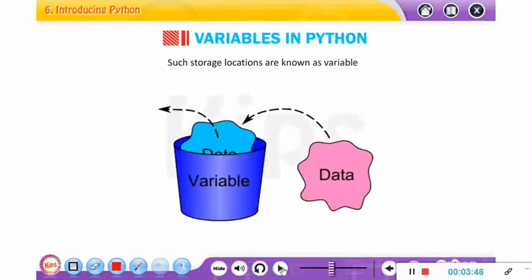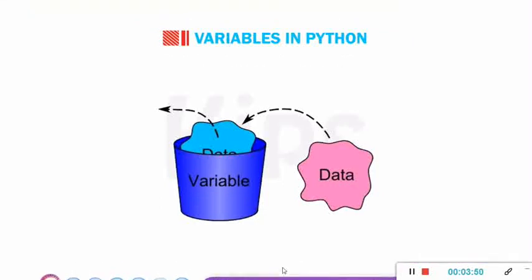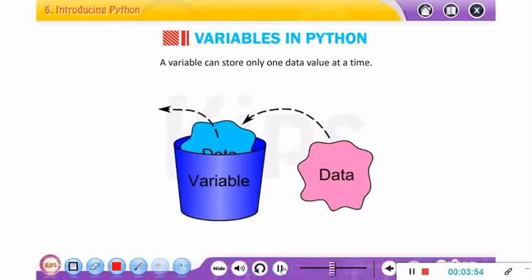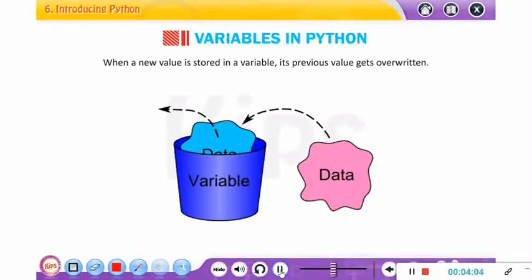Such storage locations are known as variables. A variable can store only one data value at a time. When a new value is stored in a variable, its previous value gets overwritten.